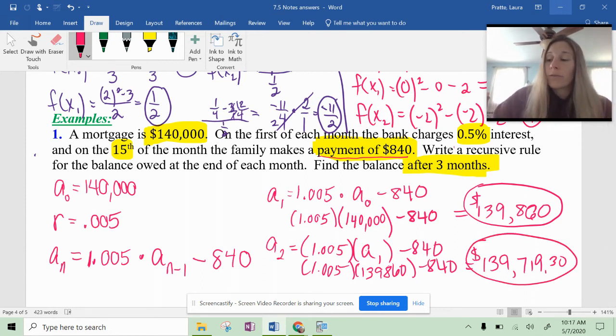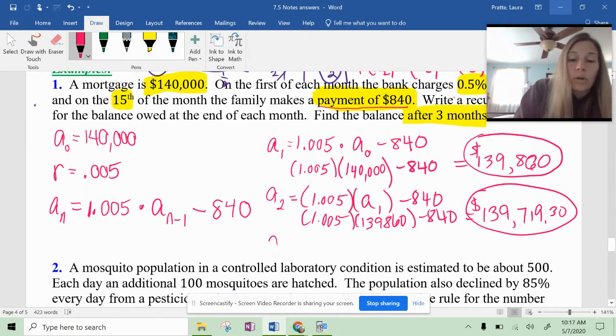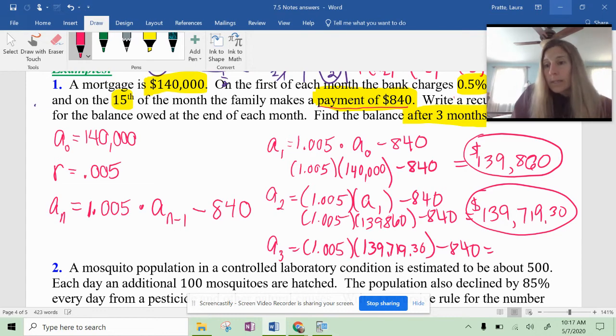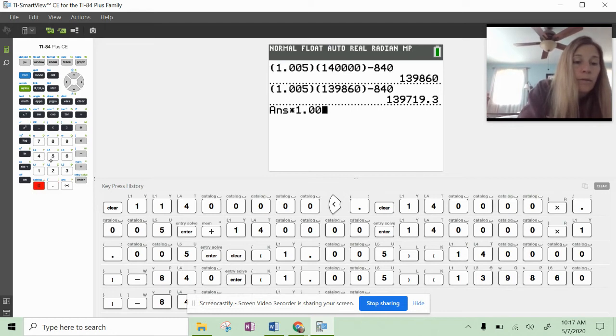And then if we want to know after 1 more month, we could do this iteration 1 more time. So 1.005 times 139,719.30 minus 840. Since I still have my 139,719.30 in my calculator, I'm just going to multiply that by 1.005 and then subtract the 840.